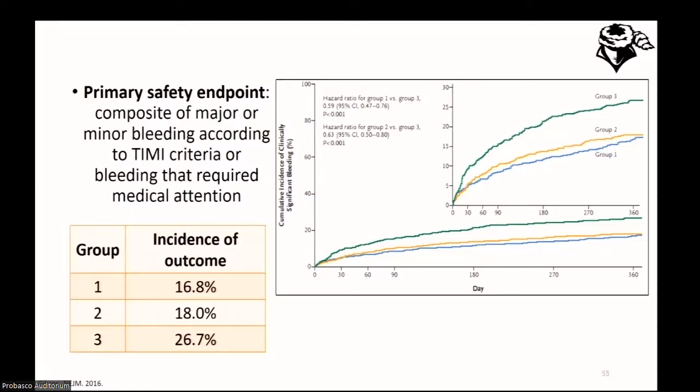And for the primary safety endpoint, we can see here they looked at group 1 versus group 3, which was statistically significant, and then group 2 versus group 3, which we also saw a statistically significant difference in the risk of major or minor bleeding.